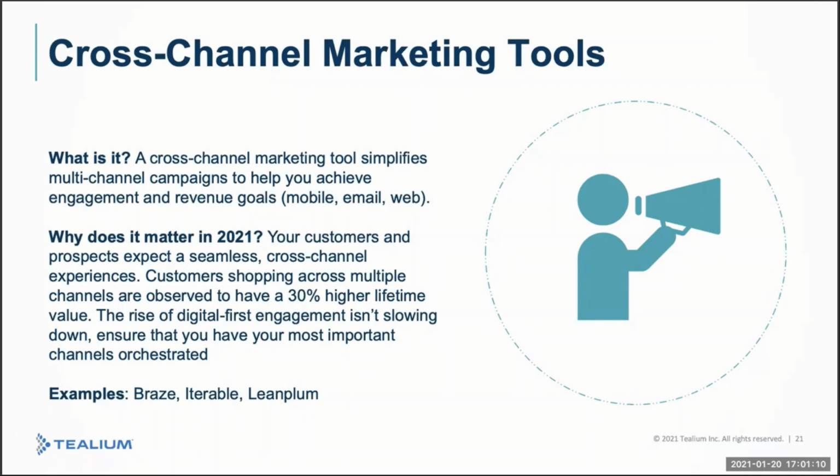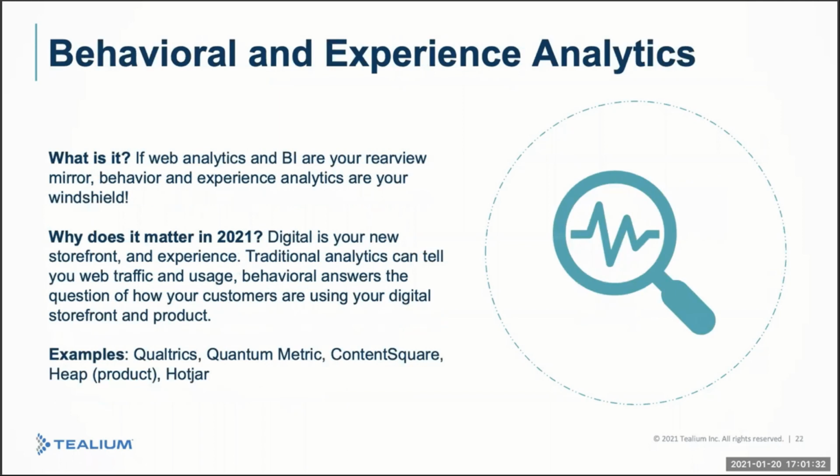So getting the experience right for those customers is pretty lucrative. And the rise of digital first engagement isn't slowing down. So ensure that you have your most important channels orchestrated for 2021. These tools are important to consider to figure that out. So some examples of that might be Braze, Iterable, Lean Plum. There's probably many more, but those are three that come off the top of my mind early.